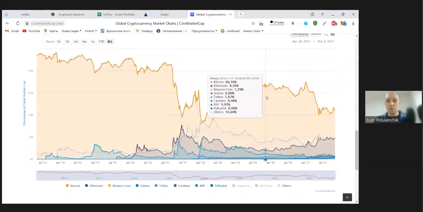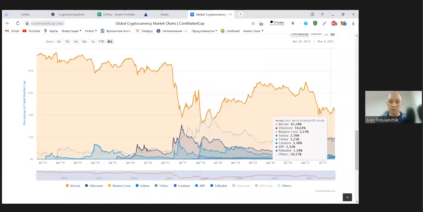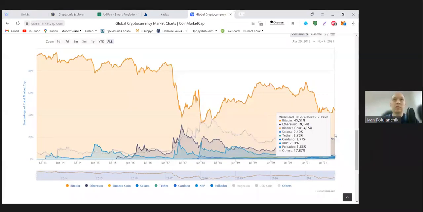And this chart clearly shows that altcoins and other coins become more prominent on the market. At the top of this chart, the first 10 cryptocurrencies literally account for over 80% of the market.